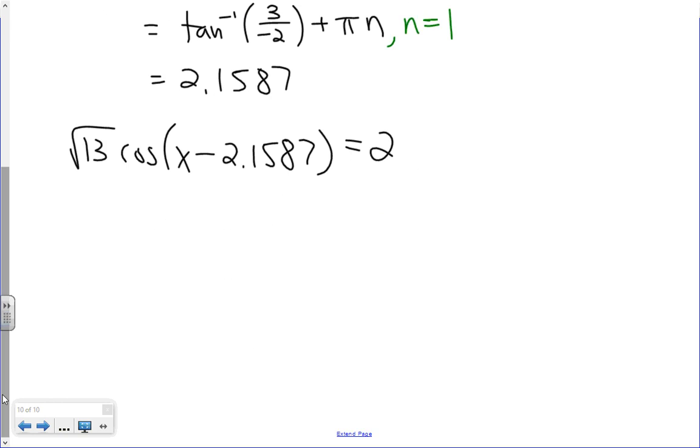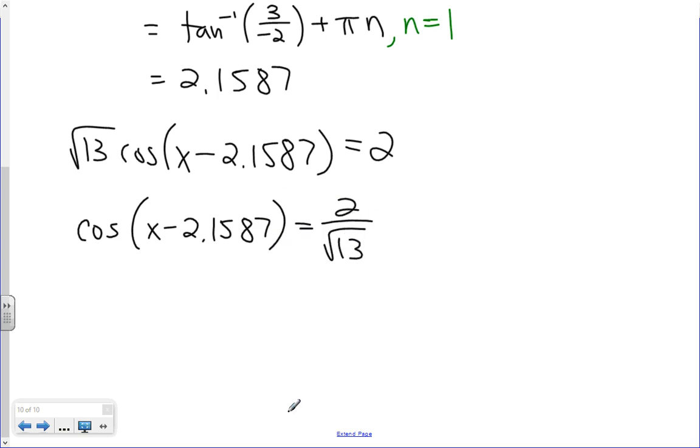This problem we've solved now many times. We know how to solve this using arc cosine in this case. So that's what we're going to do. Go through that same process. Move the square root of 13 over to the other side. So we have the cosine of x minus 2.1587 is equal to 2 over the square root of 13. Get rid of the cosine by using arc cosine here.